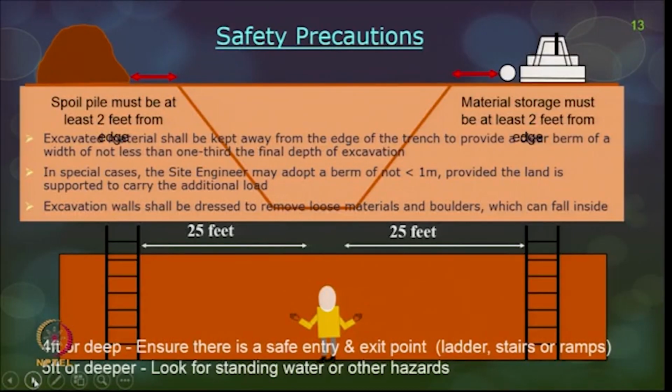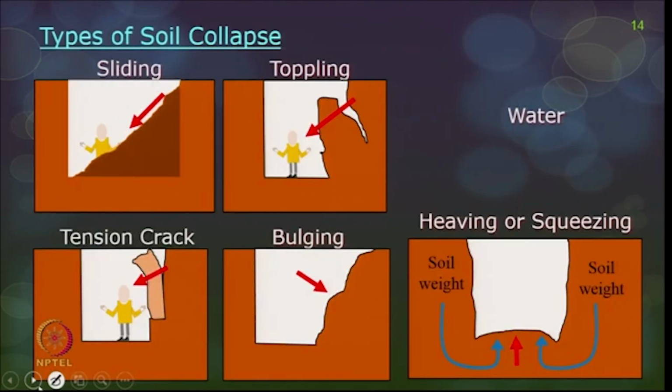The access can be a ladder, ramp, steps or stairs. Beyond 4 feet deep, the worker should not enter unless there is a safe entry and exit point. And if your trench pits are 5 feet or deeper, you should also look for water accumulation hazards.